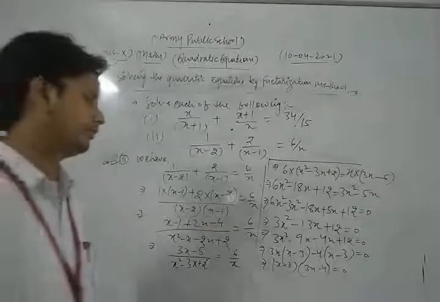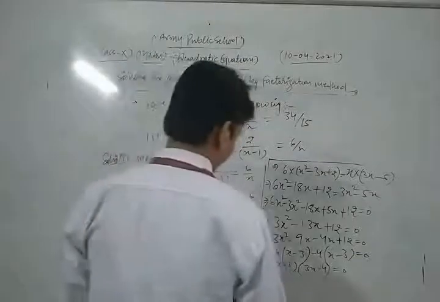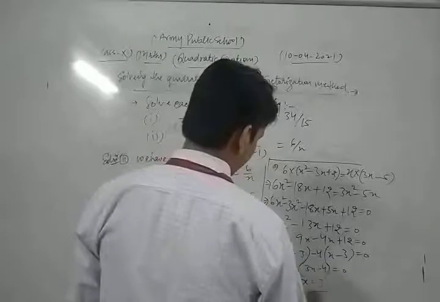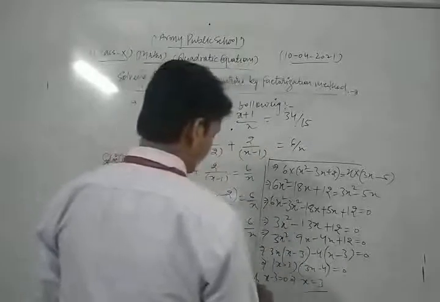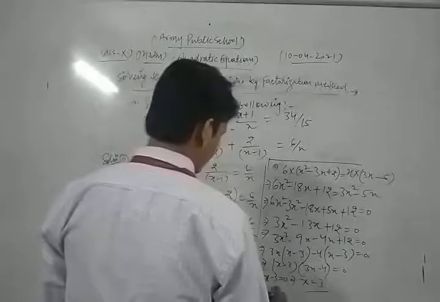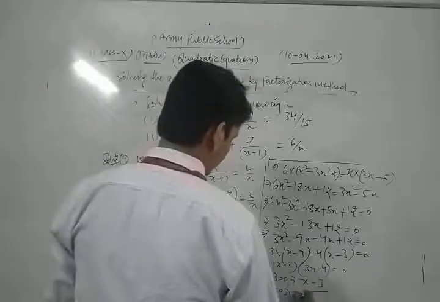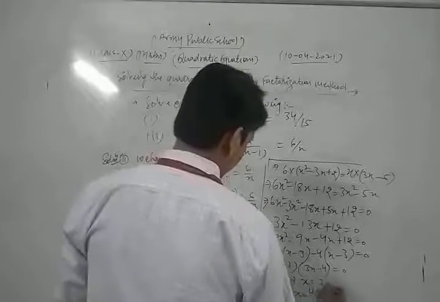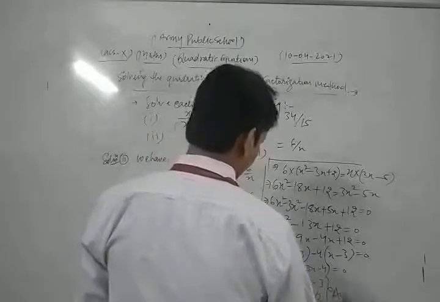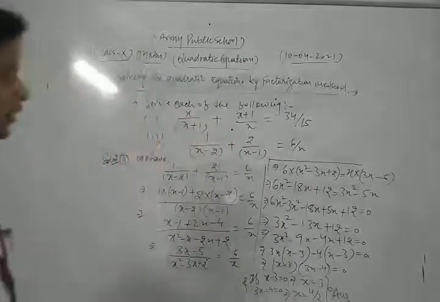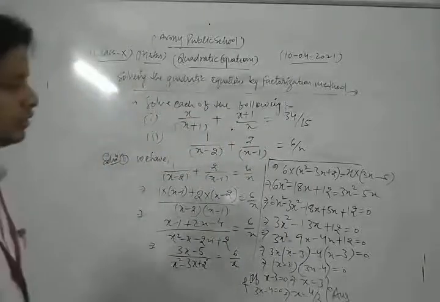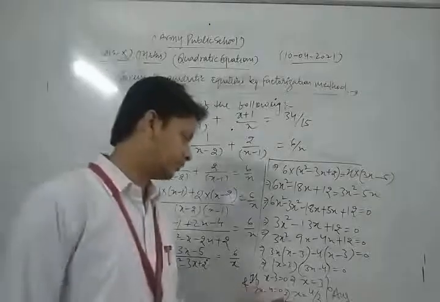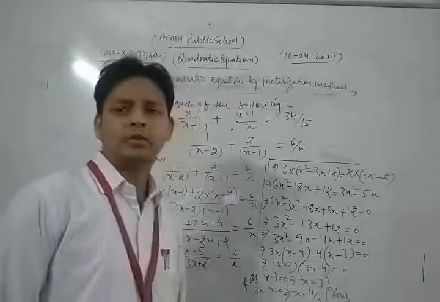If we take x minus 3 equal to 0, the value of x is 3. And if 3x minus 4 is equal to 0, the value of x is 4 by 3. Thus the required solutions of the given equation are 3 and 4 by 3.